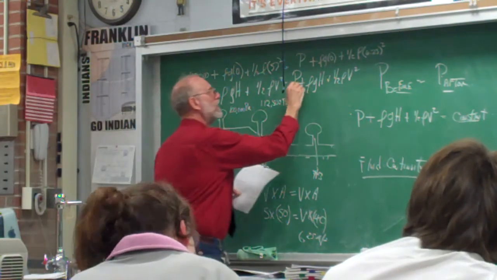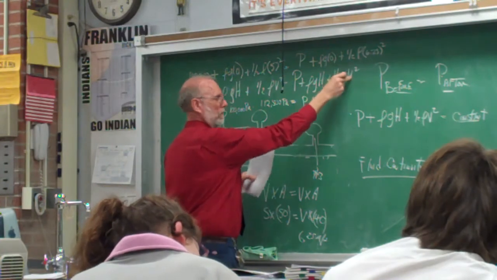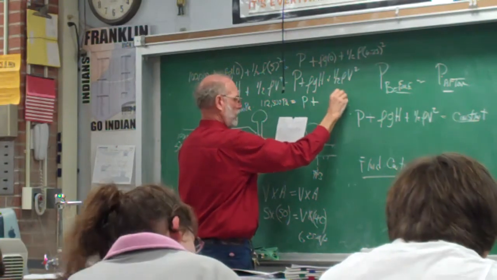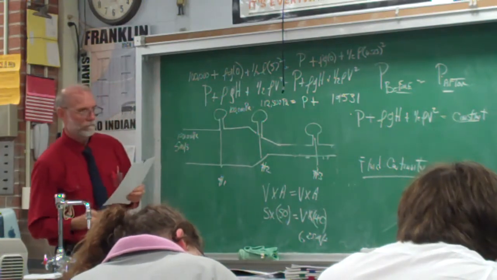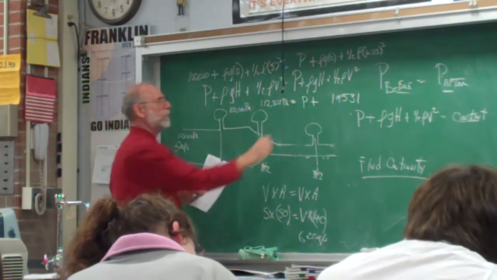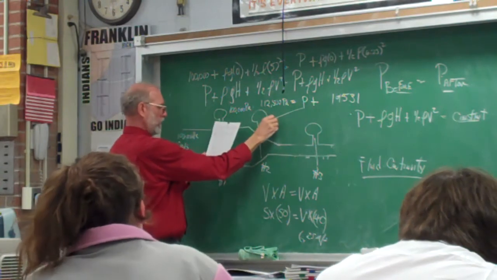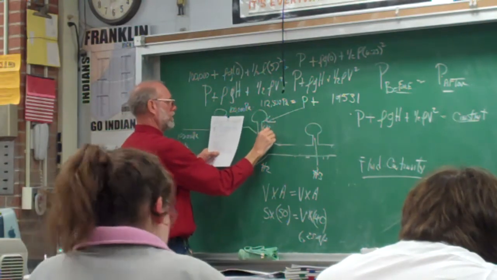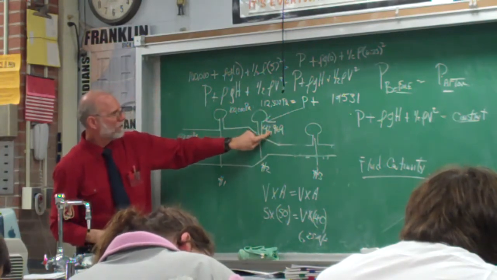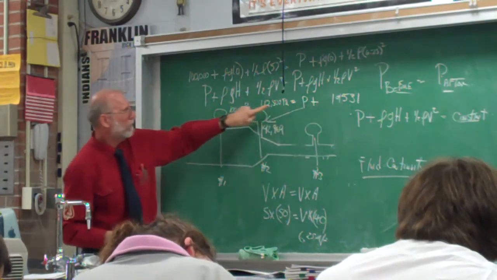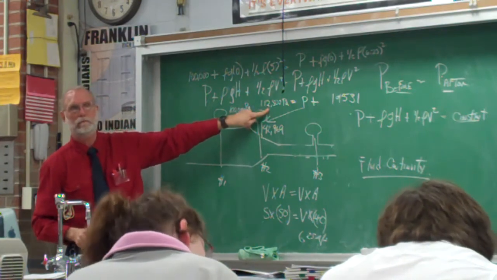On this side you end up with P plus 19,531. So what's the pressure on that gauge? The pressure on that gauge is 92,969, because this plus this has to equal that.